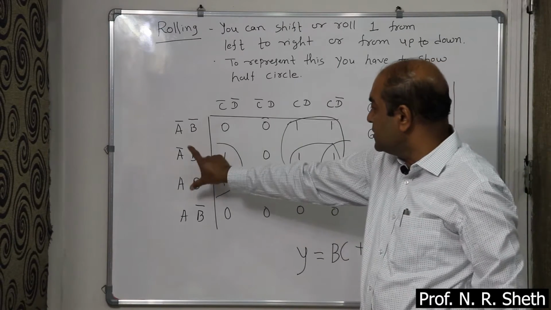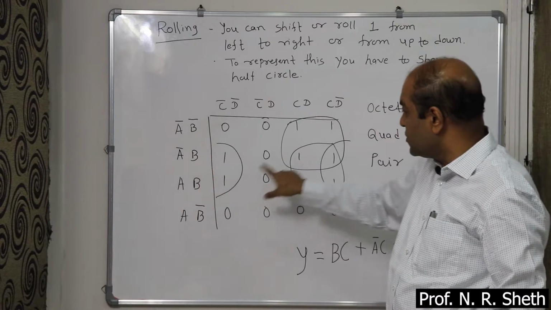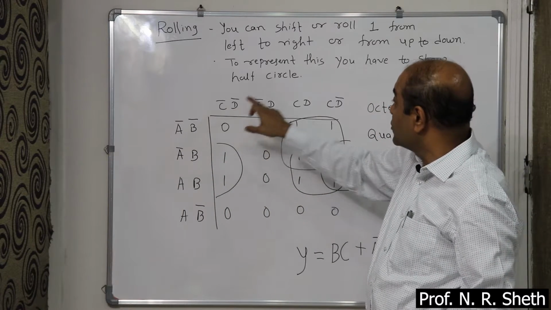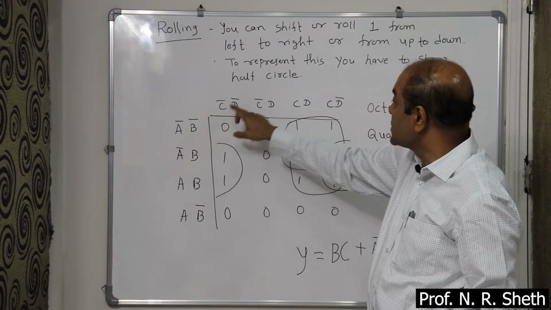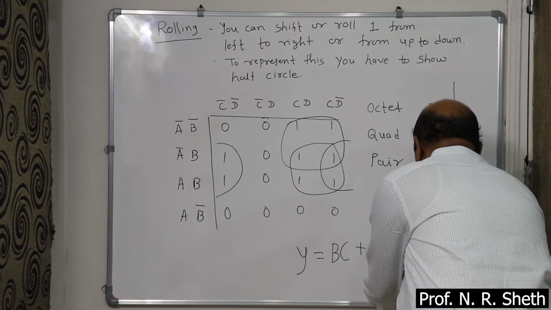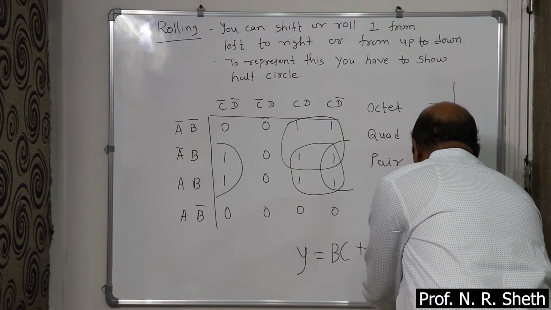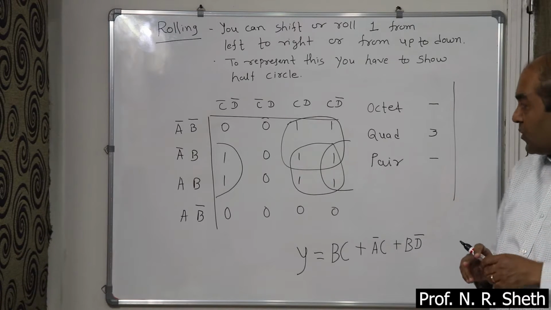This part is clear. Second and third, A bar cancels, so B. Now about this two, think about this two. So C bar cancels, so we have D bar. We have D bar. Clear?